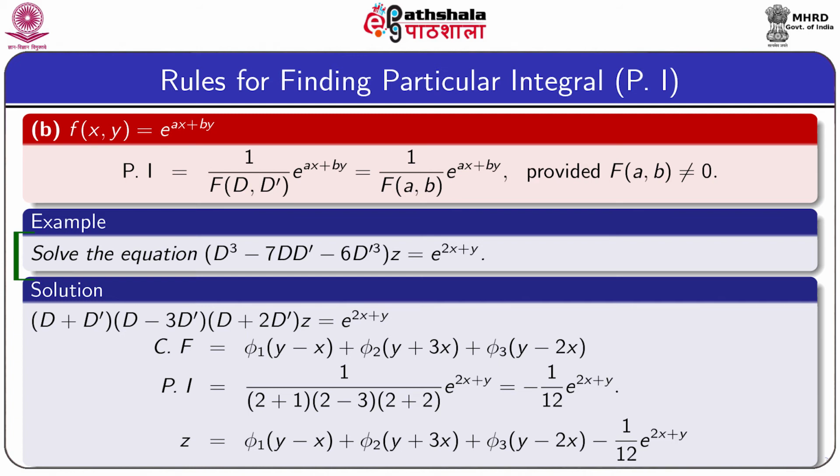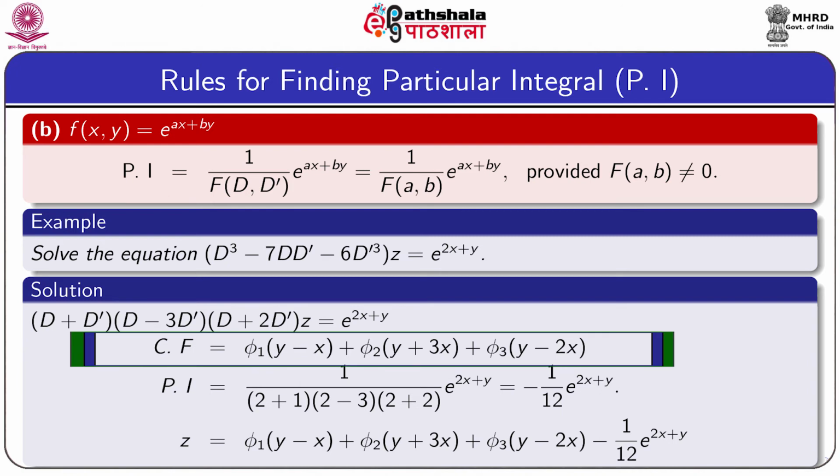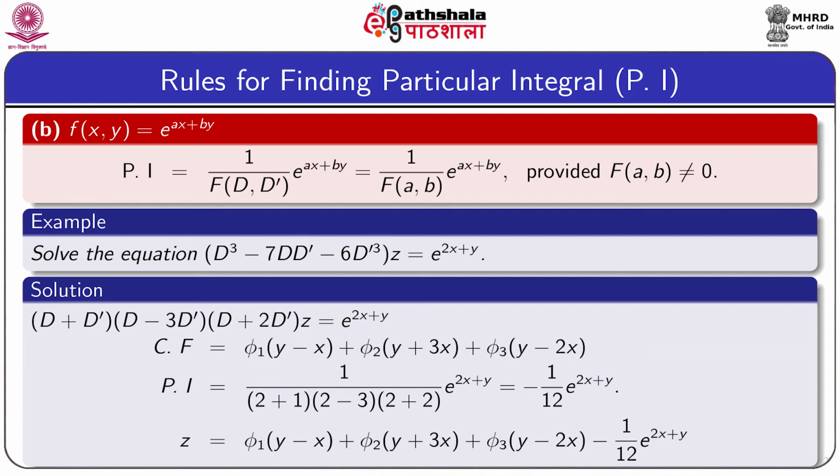Now, take this example. In this example we can see that the complementary function is reducible to linear factors. So, it is easy to find the complementary function, which is a linear combination of phi 1, phi 2, phi 3, where phi 1 is a function of y minus x, phi 2 is a function of y plus 3x, and phi 3 is a function of y minus 2x. So, the particular integral is 1 by F D operating on e to the power 2x plus y.